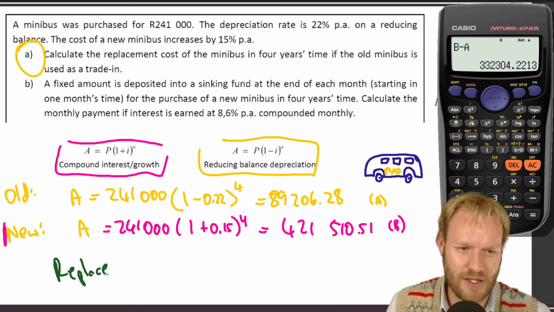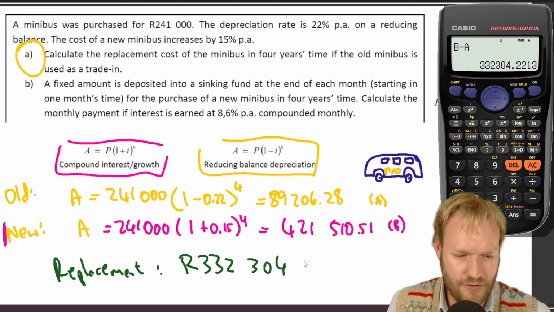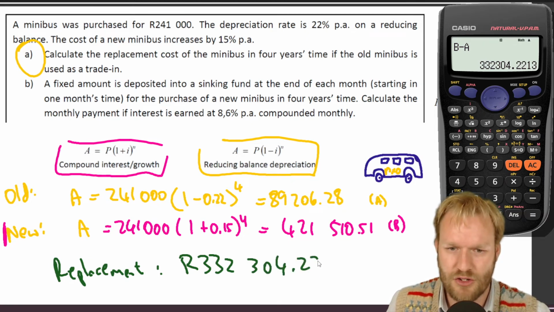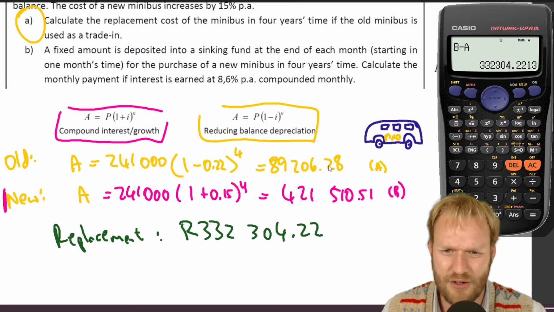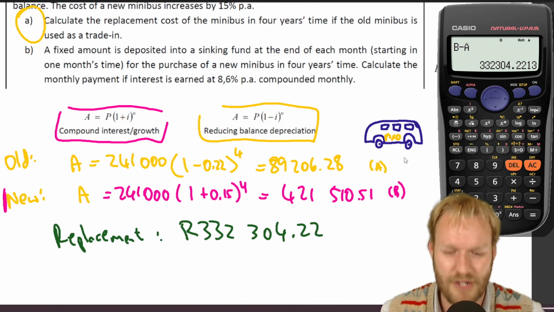So maybe we can just say the replacement cost is 304,22. Now, if you round it off along the way here and the numbers are slightly different because of the rounding off, not a worry at all.